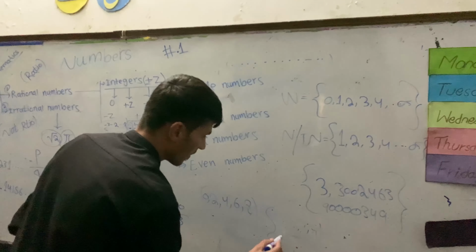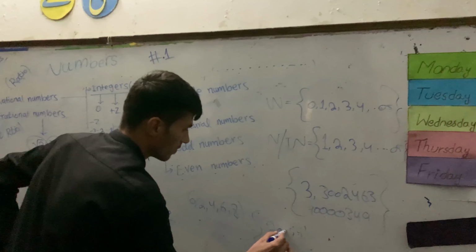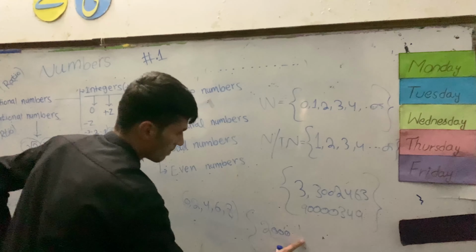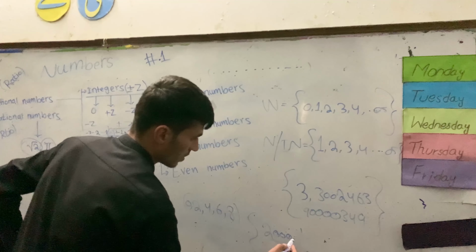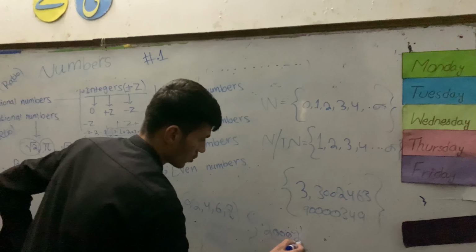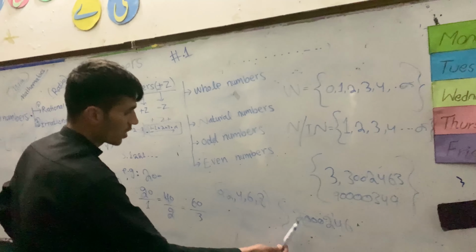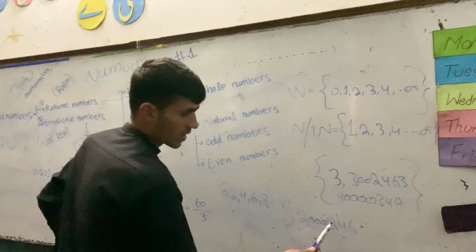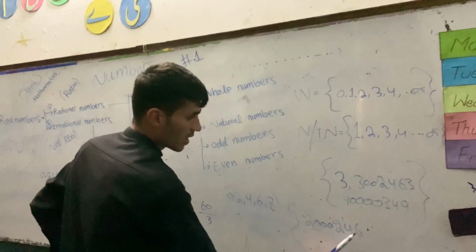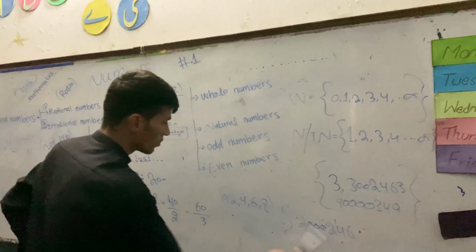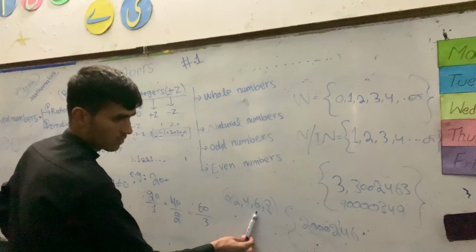For example, if I write a number, 200246, is this an odd number or an even number? Of course, this is an even number because the first digit from right to left is 6.